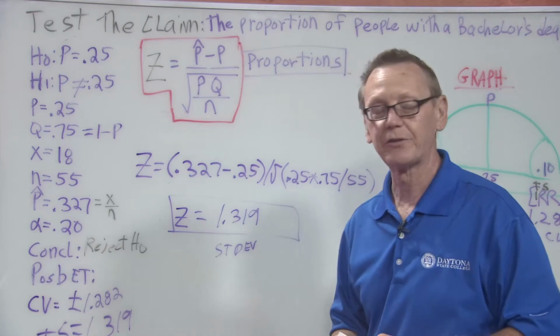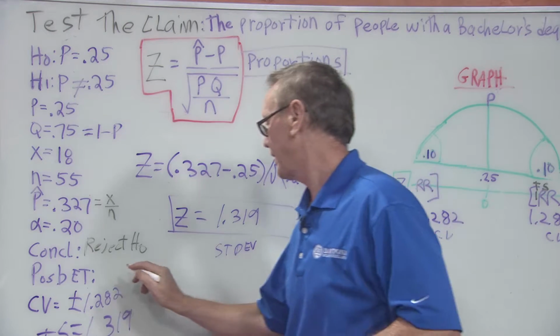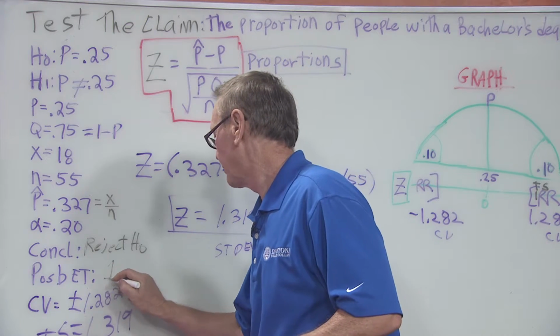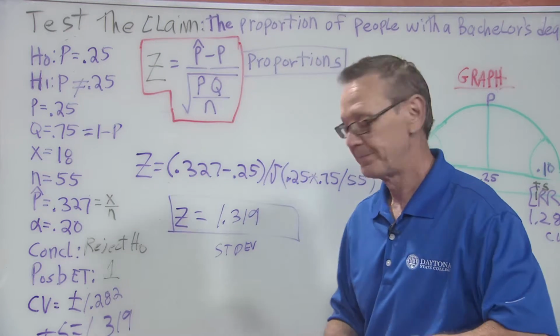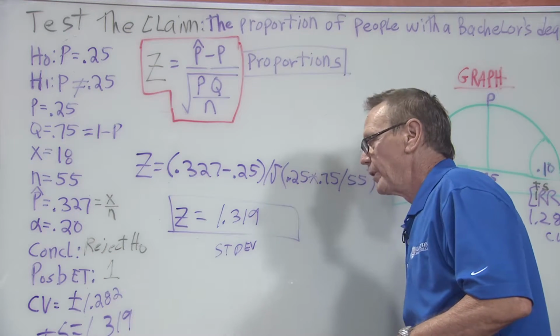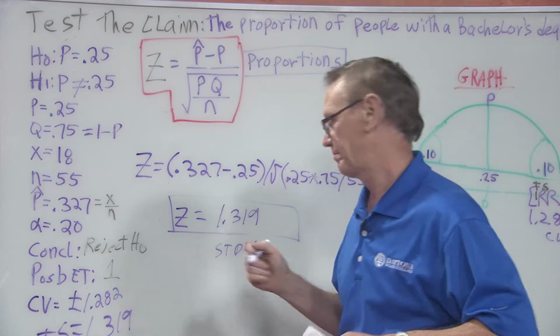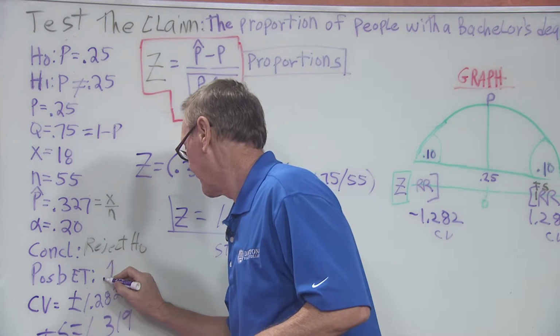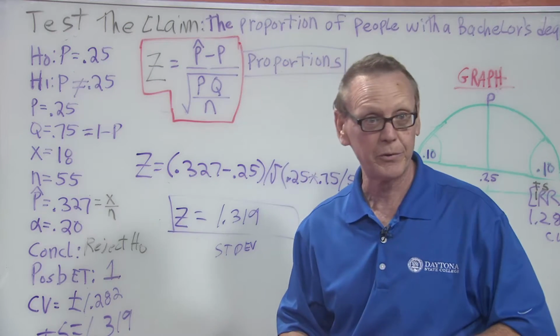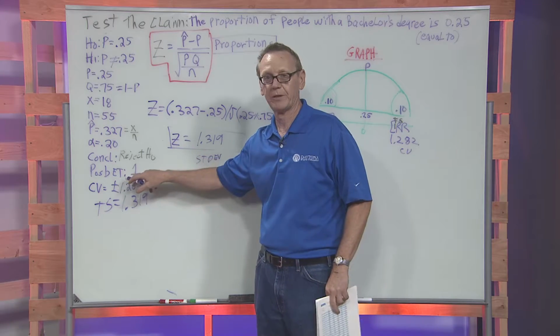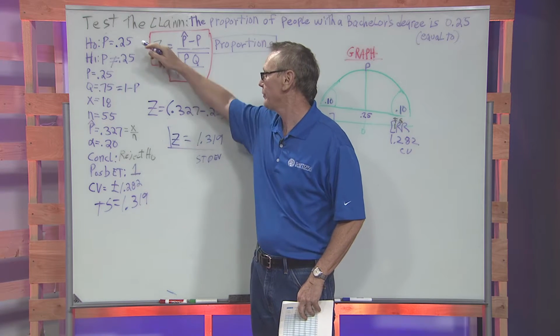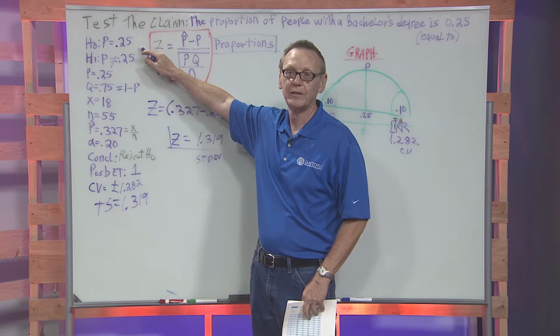Now, because it's a close call, this is a case where my possibility of error is type 1, because when you reject, error type 1. Fail to reject, error type 2. We rejected, so error type 1. This is a possibility of an error type 1, and that means that we're rejecting the null.